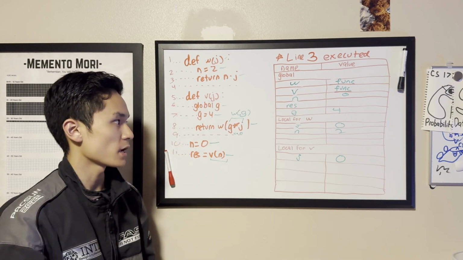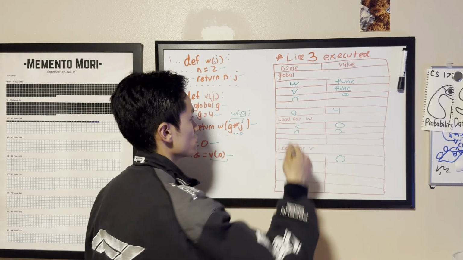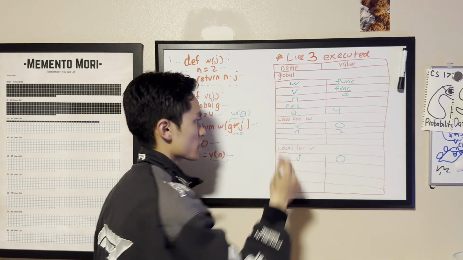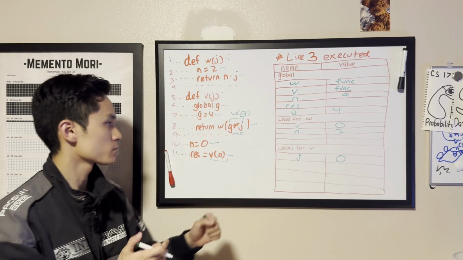So I think the valid answer is this, where you don't even have to include this one, but I'm just going to include it just in case, saying it is technically a global variable, but it just doesn't have a value yet.